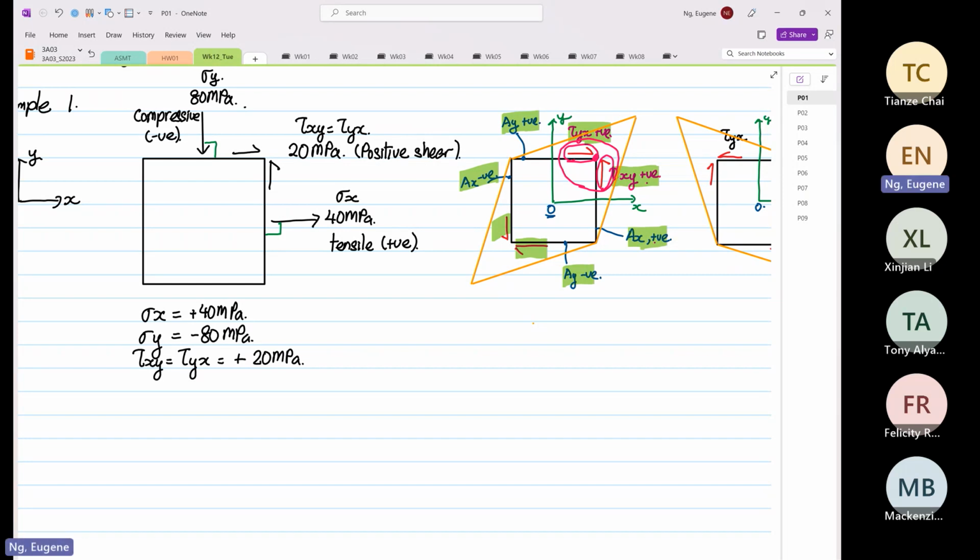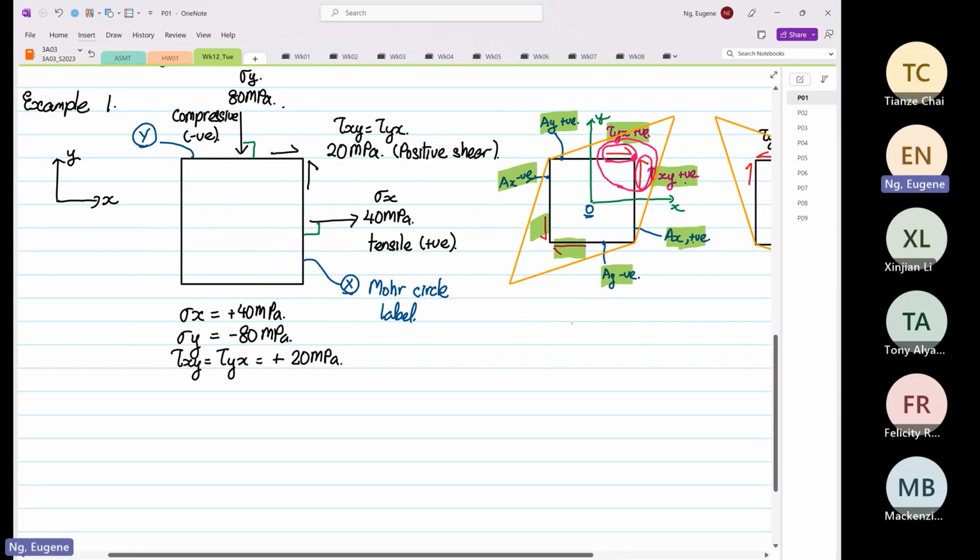Okay. So before we draw Mohr circle, we will label this surface as X. Now this is for Mohr circle label. And this surface is called our Y on Mohr circle label.